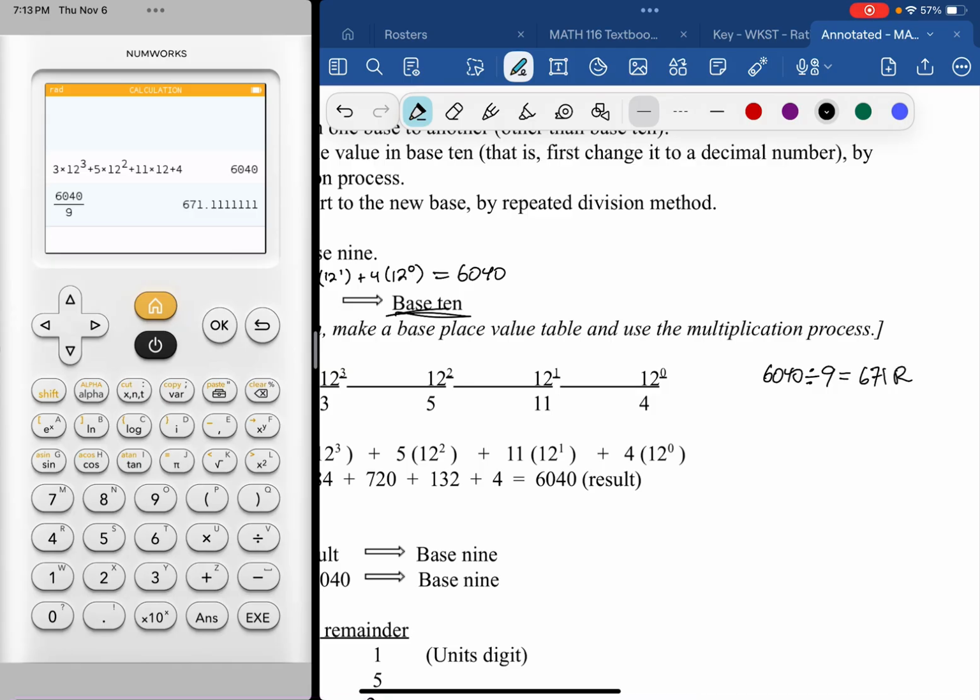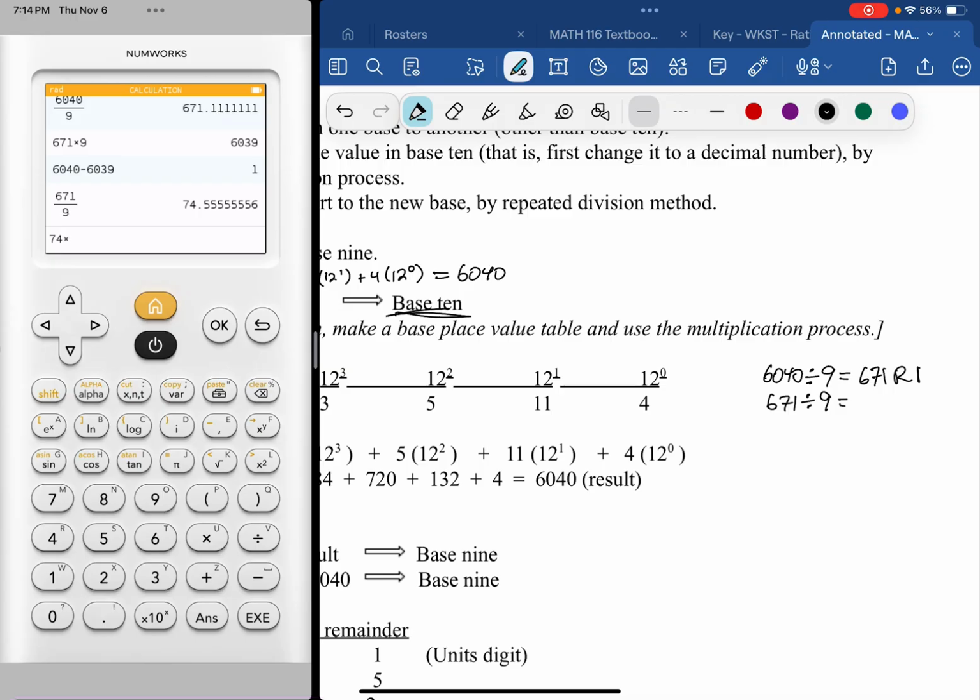I take that 671, multiply it by 9, and see what the difference was between that previous number and that new product. That's a remainder of 1. So if I took 671 multiplied by 9 and then tacked on a 1, I should get 6,040.